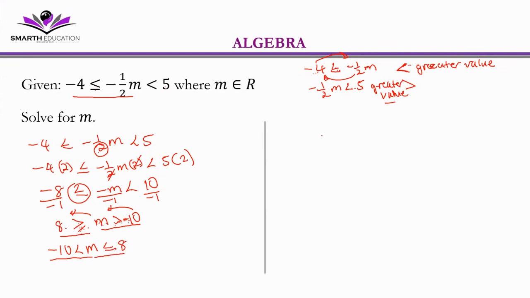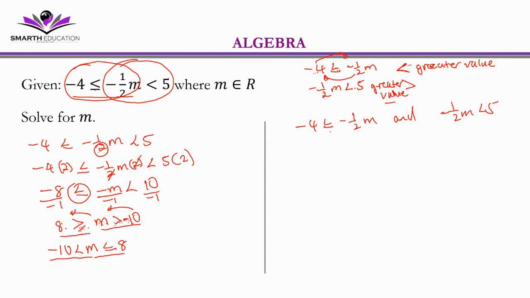The other way of doing it, we can break this into two parts. We have -4 less than or equal to -1/2m, and we have -1/2m less than 5, and then we solve this separately.